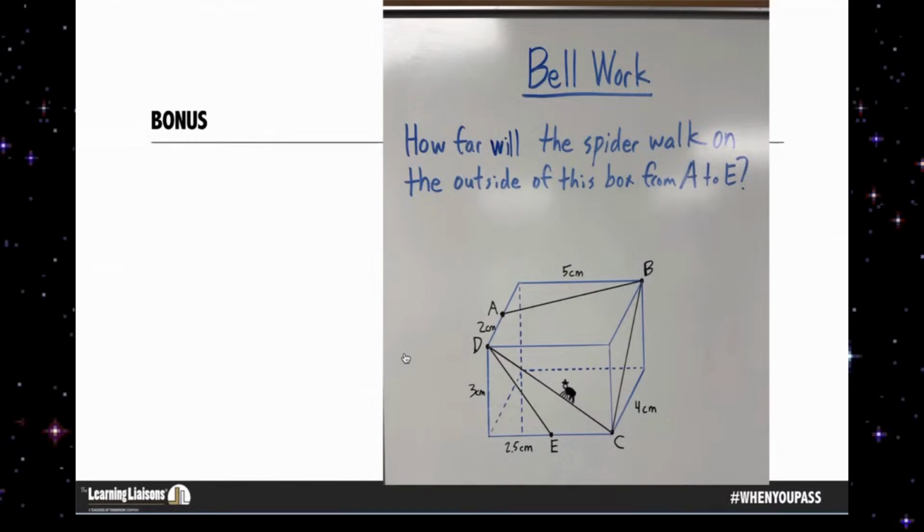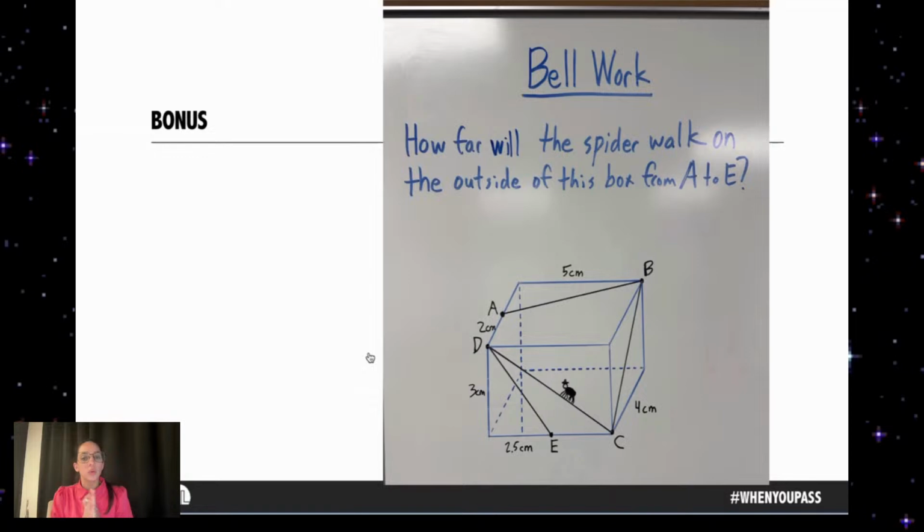How far will the spider walk on the outside of this box from A to E? From A to E. All right. So A, B, C, D, E. From A to E. So when we look at this problem, we need to consider that we know that this is a cube.